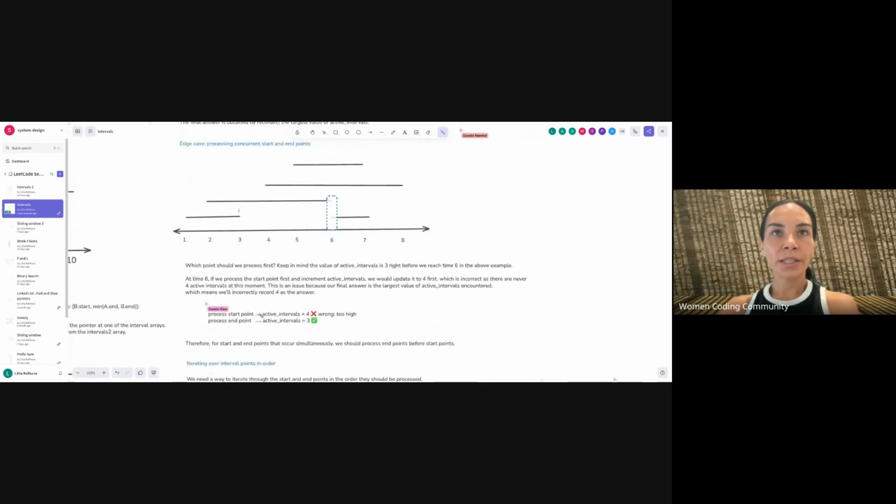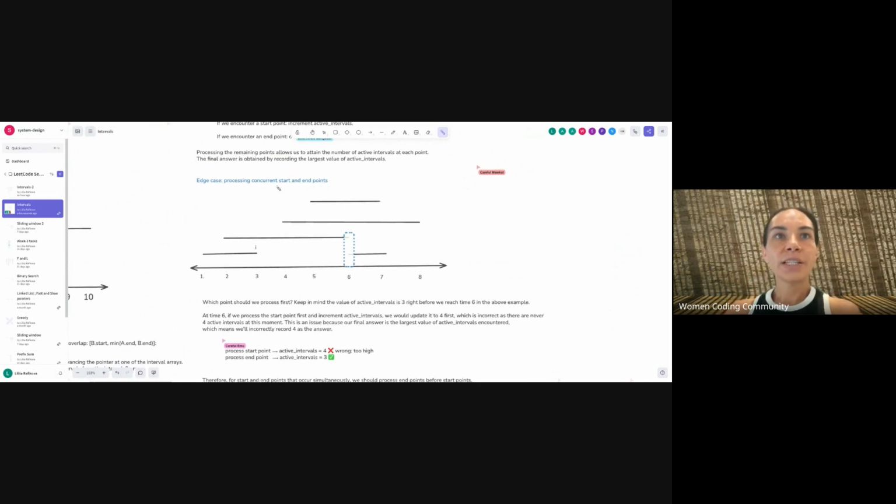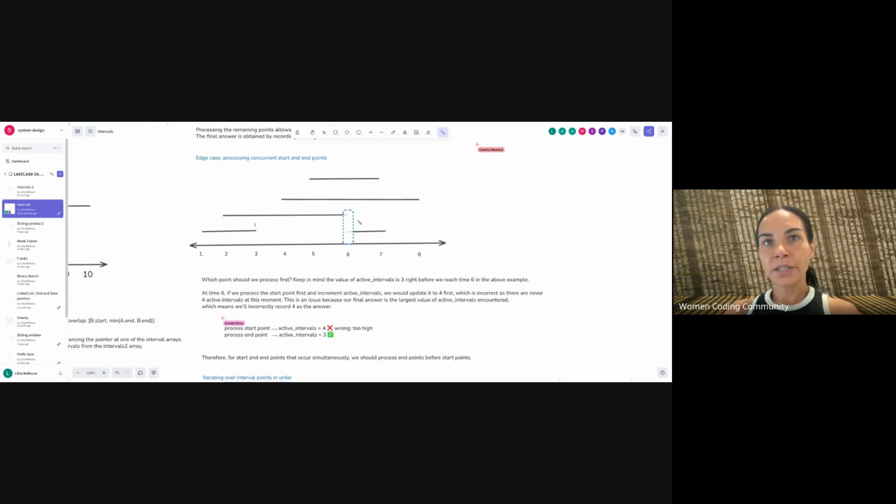There is one edge case which we need to discuss: processing concurrent start and end points. This is an edge case about when we should increment active or decrement, and in which order.